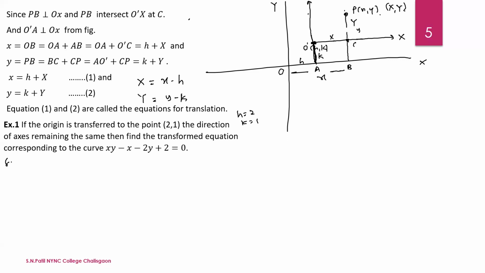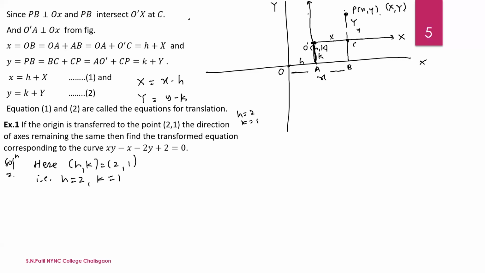Okay, now solution. The origin is shifted to the point h, k. Whatever this curve, the origin is transferred to 2 and 1, means shifted to the 2, 1 point. It means h comma k is equal to 2, 1, that is h is equal to 2, k is equal to 1.